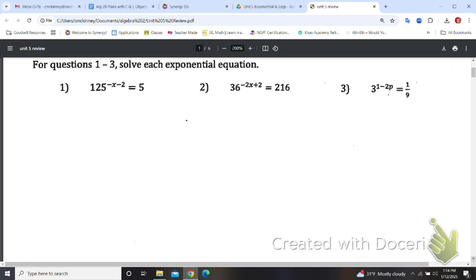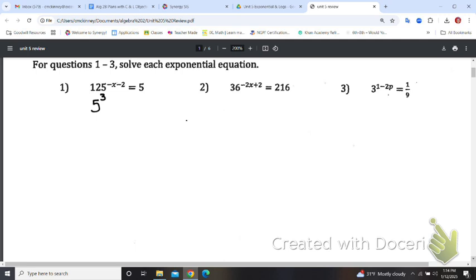So here on the left, I see 125 and I see 5. So I want to think to myself, is 125 a power of 5? And hopefully my answer is yes. And yes, 125 is 5 to the third power.